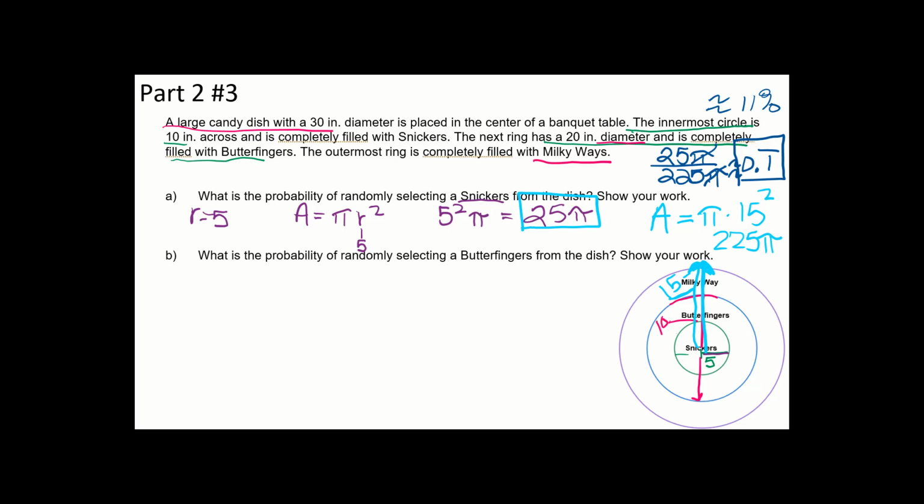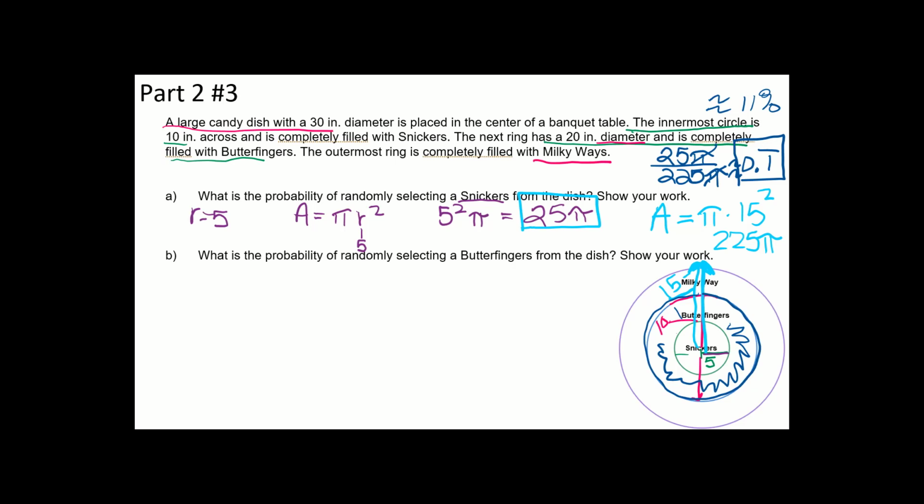We want to know the probability for part B of randomly selecting a Butterfinger from the dish. Now the Butterfinger is going to be this part. So let's find the area of this entire circle.